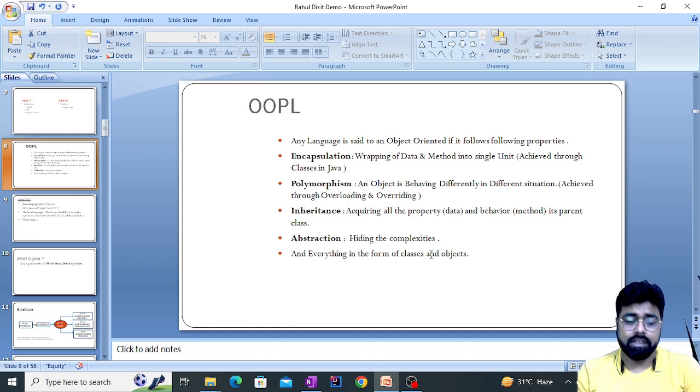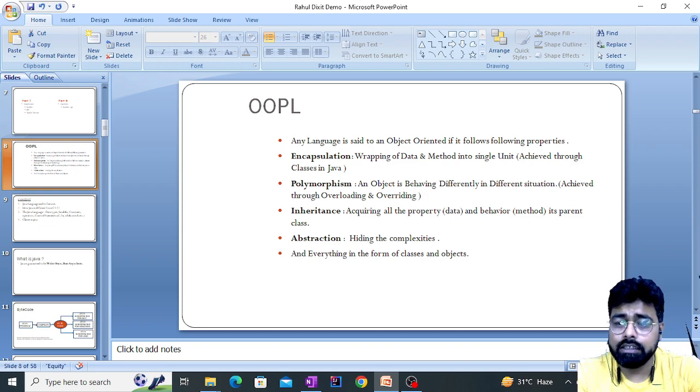In the last lecture, we discussed what we are going to cover in this syllabus, in this whole lot of lectures. So what we are going to discuss in the next topic is object orientation. What are object oriented programming languages?